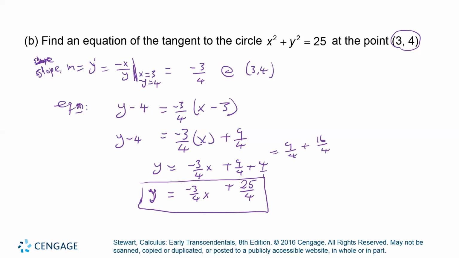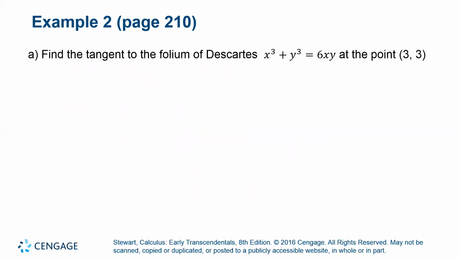Okay. All right. Now let's do the following work. We have a function that we want to differentiate implicitly, and again, we want to find the tangent. By the way, this is example 2 in the textbook, on page 210.